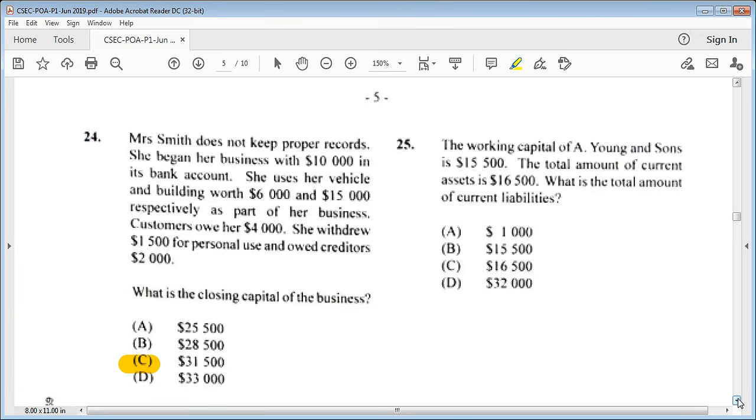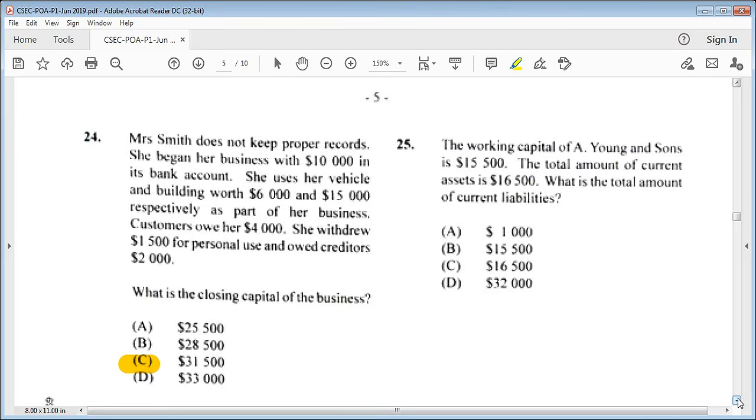$32,000. So what we know, our working capital is equal to current assets minus current liabilities. So for us to know the total amount of current liabilities, we are going to have to deduct working capital from current assets. So we turn it around: current assets minus working capital.